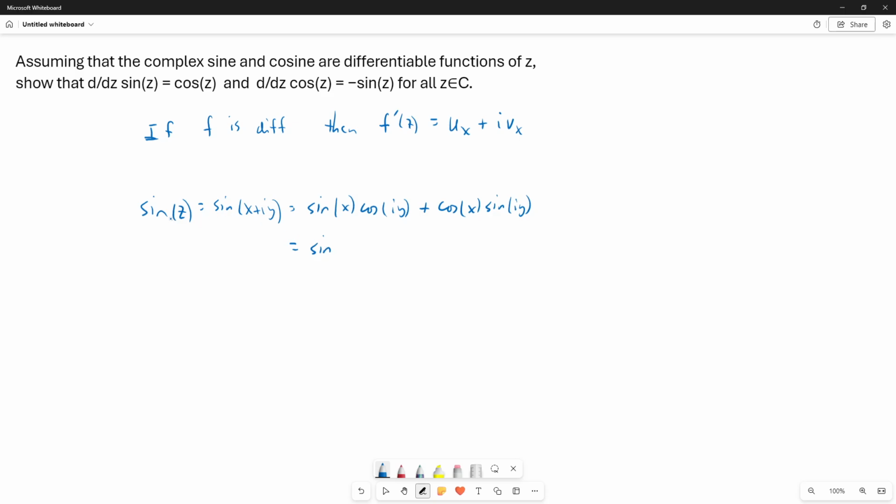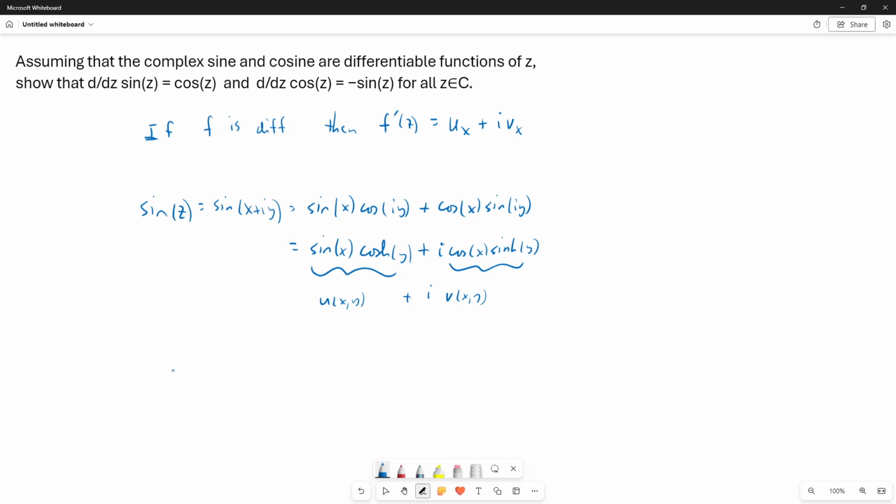So the definition of sine z is sine x hyperbolic cosine of y plus i times the cosine of x times the hyperbolic sine of y. So we have a real part, u of x y, and an imaginary part, v of x y.